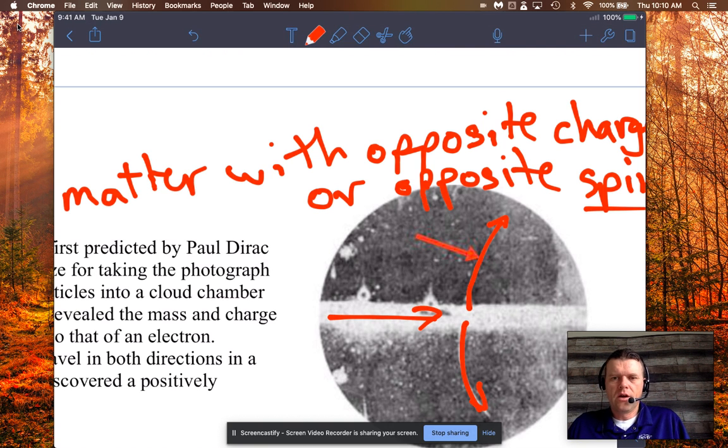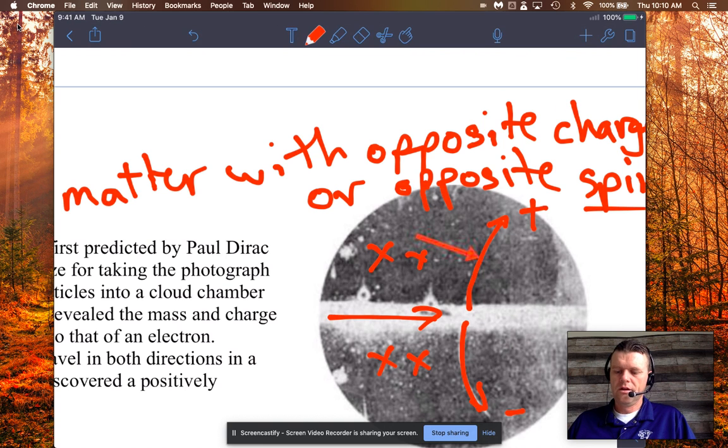To see particles moving in a curve in opposite directions, if we used our third hand rule with your right hand, and let's say the magnetic field was into the page, it doesn't really matter, you could flip it around, that would mean for the particle that's going up, you'd use your thumb pointing to the right, your fingers would point into the page, and then your palm would push up. So that would mean that this particle was positive and this particle was negative.